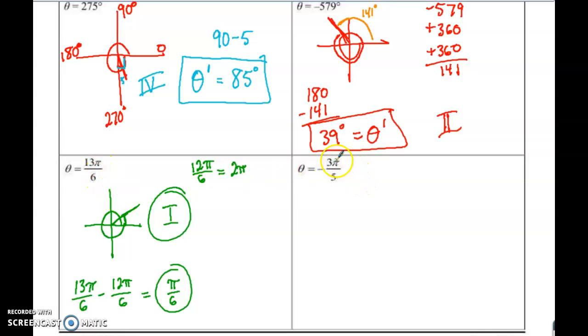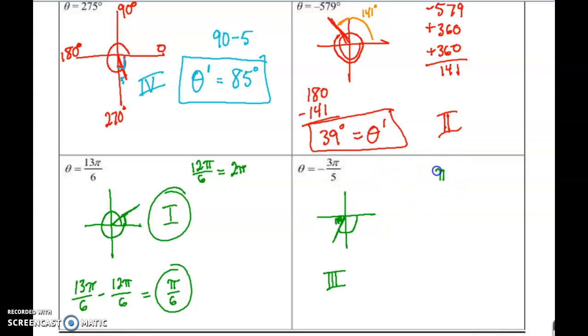I say usually because we kind of get a hiccup on this next one. Because if you look at where negative 3 pi over 5 is, first of all, it's going clockwise. And it's going to end up in quadrant 3. And the problem that we have is that I have to think about, well, what do I need to add to 3 pi over 5 to get to just pi?